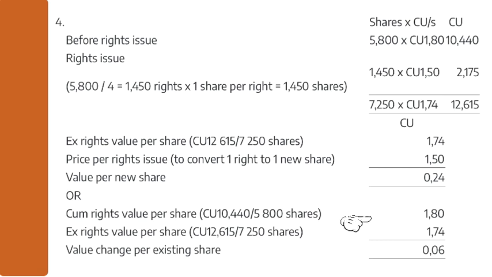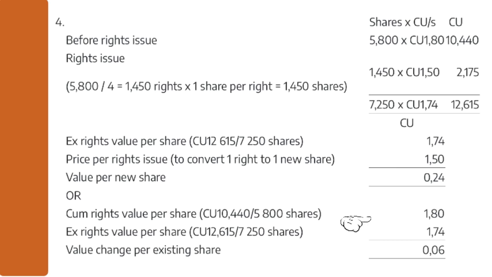It's still based on a fair value. The R1.80 was really the value in the market. So it's a market-based value. That means all your existing shares will go down with 6 cents per share. They will go from R1.80 to R1.74.